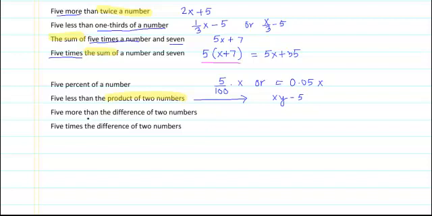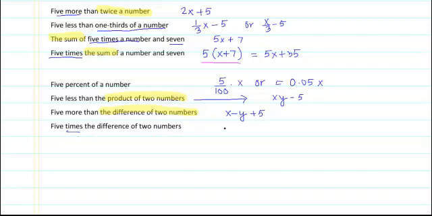Next, we need 5 more than the difference of two numbers. The difference of two numbers will be written as x minus y, and we need 5 more than that, so we will go ahead and add 5. And the last one in this set says 5 times the difference of two numbers.